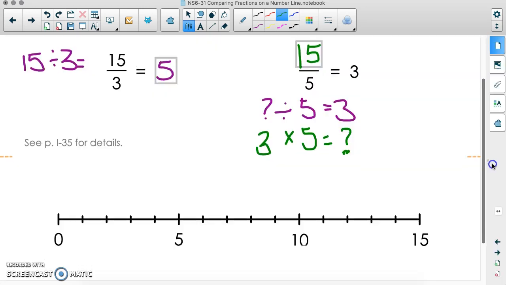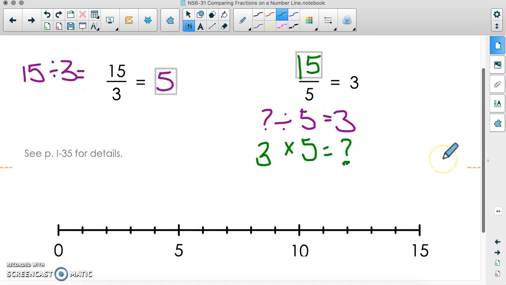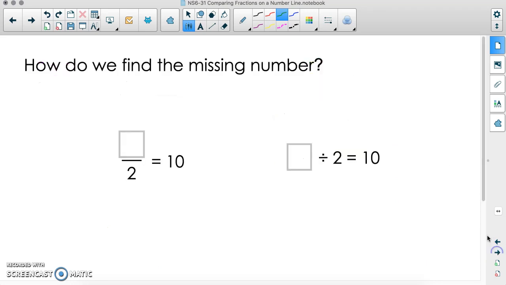Now if we use this on a number line, we could also solve this by skip counting. So skip counting is the same as multiplying. So if you need a number line to solve it, you may always use one. Let's find this one. So how do we find the missing number? So we know we have a missing number divided by 2 to give me 10.